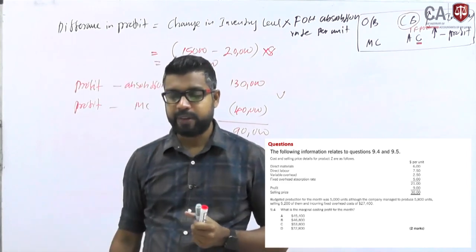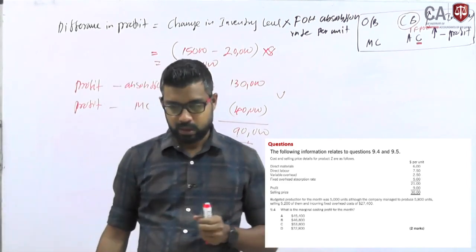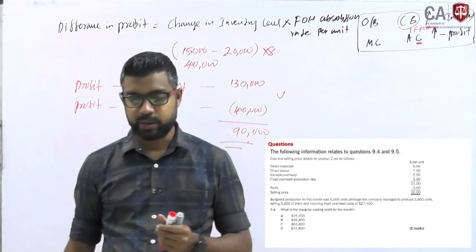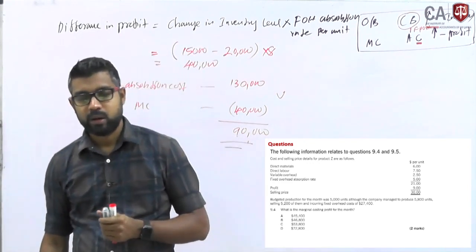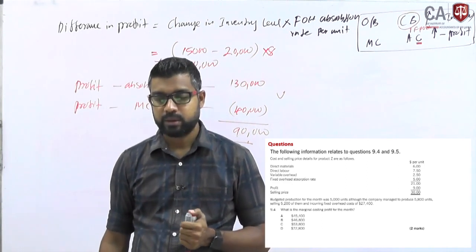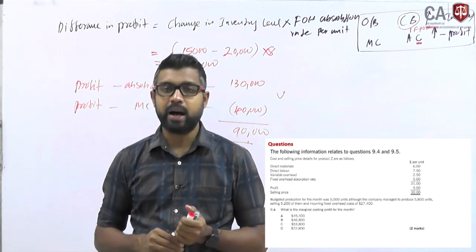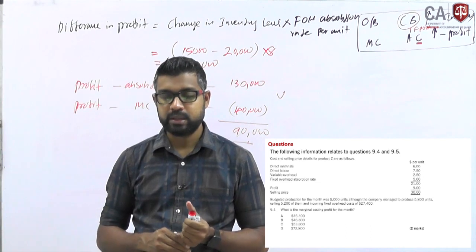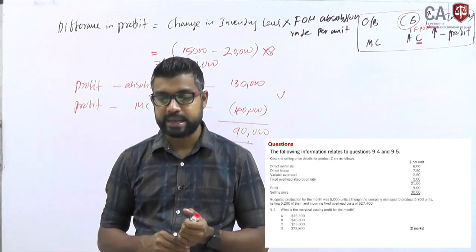Question number 4 and 5 are based on the given information. Read those. Cost and selling price details for product Z are as follows.